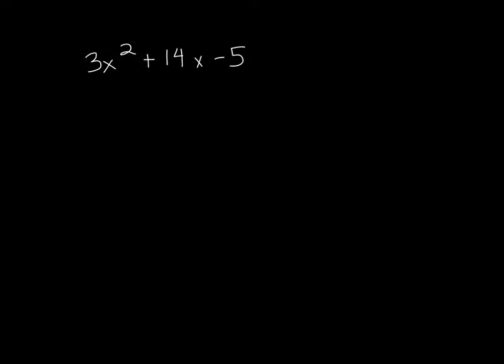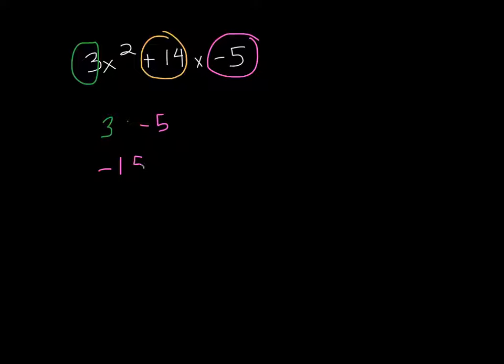Okay, now in this example, a is 3, b is positive 14, and c is negative 5. So we do a times c, which gives us negative 15. Now since c is negative, our signs have to be different when we multiply, and we're going to make the larger number positive.